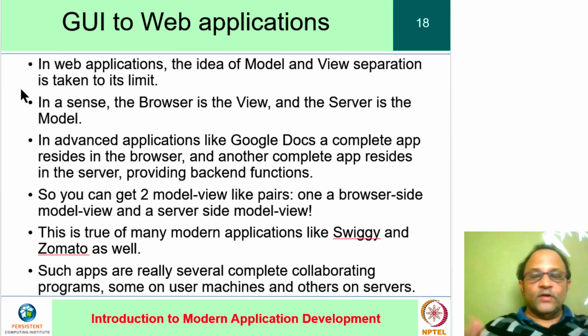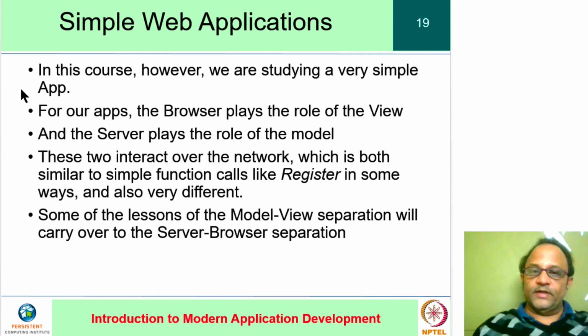Now, our goal here is to not produce something that complicated. We are looking at a very simple web application in which the browser will play the role of view and the server will play the role of model, more or less. These two will interact over the network, which in many ways is very similar to making simple function calls like register. But it is not quite that simple.